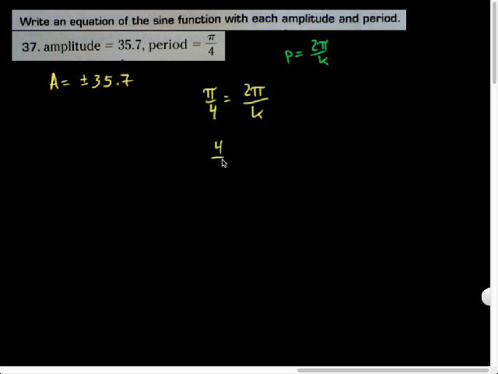I'll flip both sides, why not? So 4 over pi is equal to K over 2 pi. And then I'm going to multiply both sides by 2 pi. And you can see that this and this will cancel, and this will cancel. I'll get K is equal to 8.